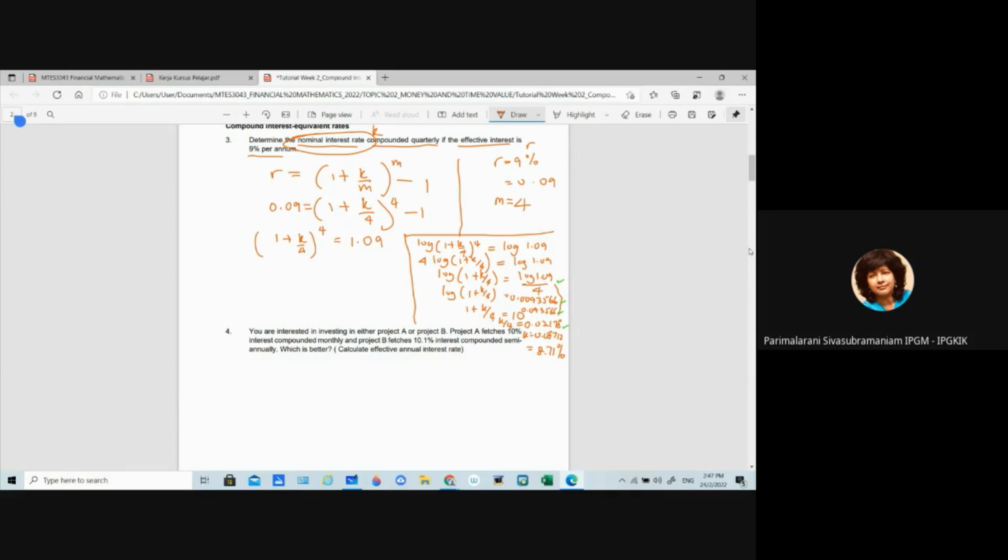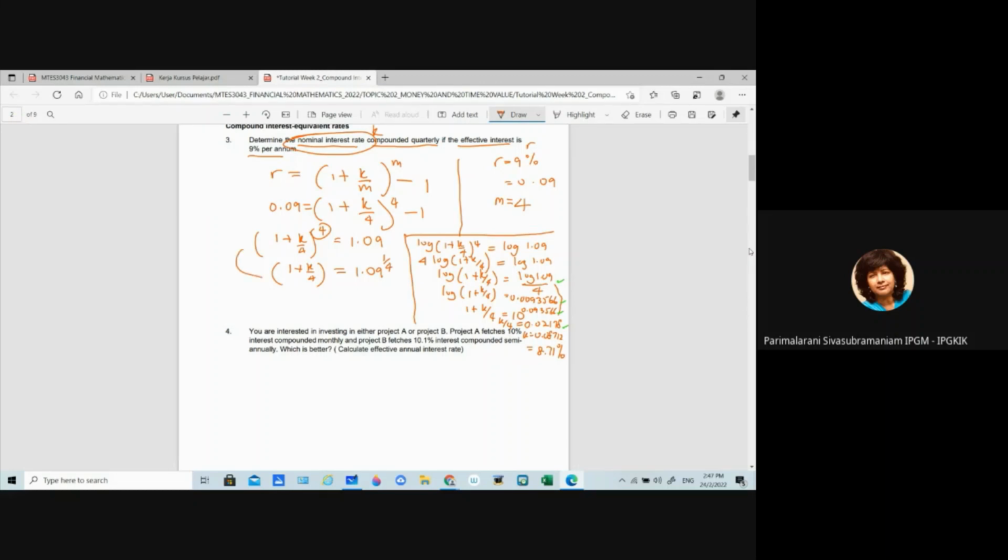The other way is, you have a power of 4 here. If you want to remove this 4, you must multiply by 1 over 4. So if you multiply the left-hand side by 1 over 4, you must also multiply the right-hand side by 1 over 4. So this also equals 1 plus K over 4 equals 1.09 to the power of 1 over 4.